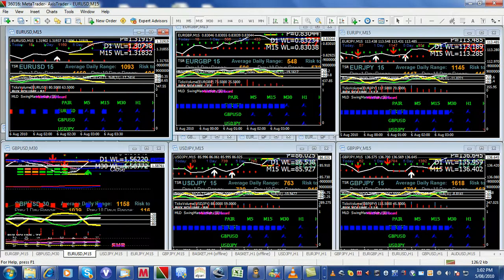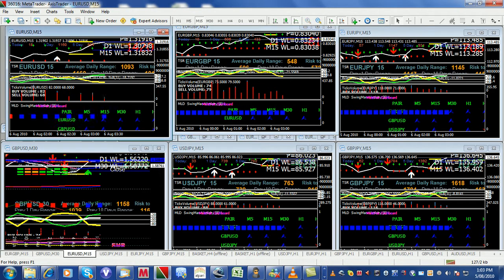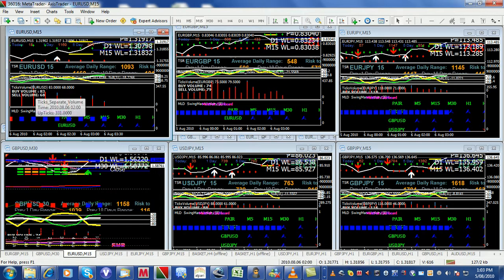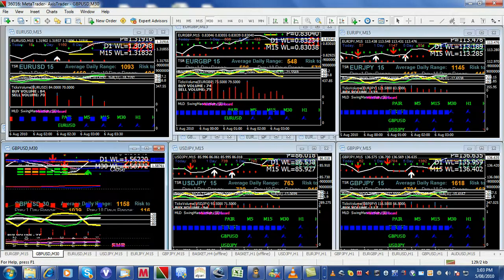So let's look. We want to see our buy volumes. That's a sell now, but at that time we had a buy. We have a buy here, two, and I think we have a buy here on the three. So we have three buys, the two buys, one long, and we're looking at how they currently go.